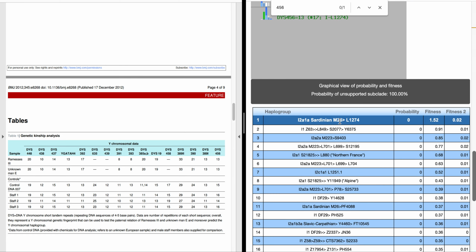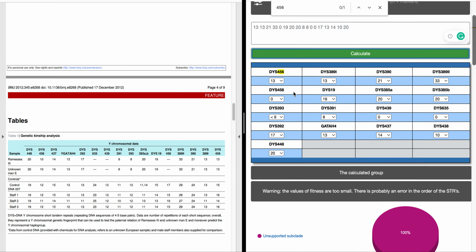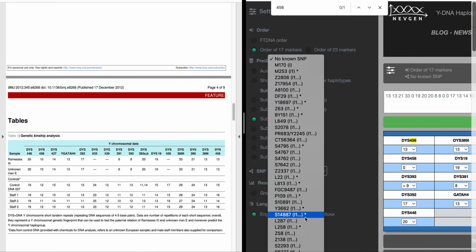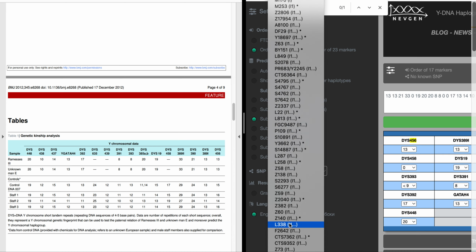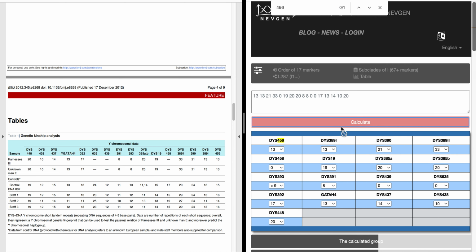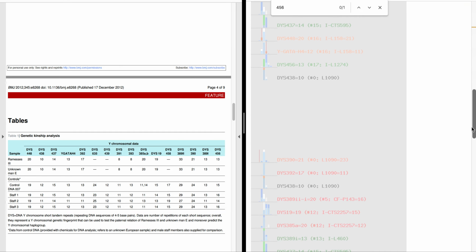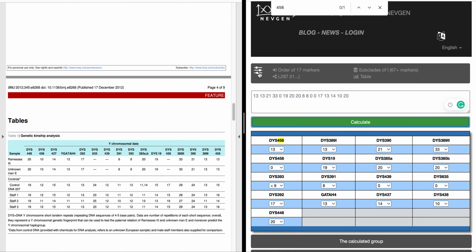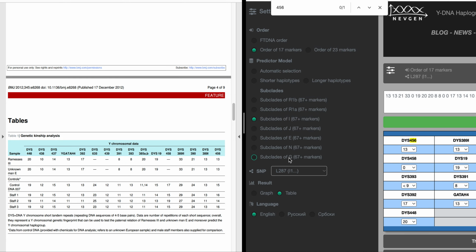Probability 0, but interesting, Sardinian, that's getting close. Alright. And just choose one to see if it matches. Let's see. Just choose a random one and it's still doing the same thing. So that's gonna be a no.